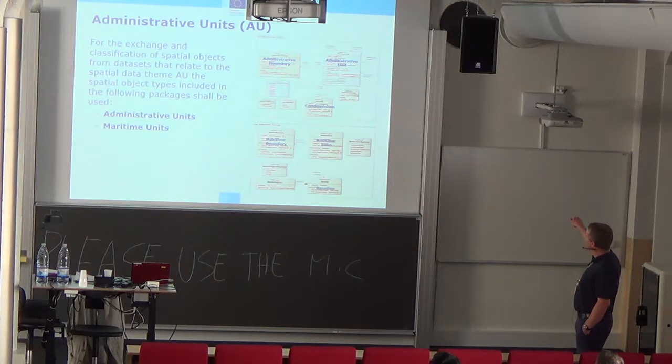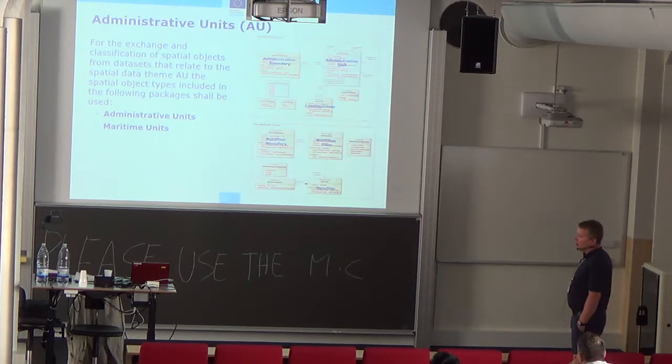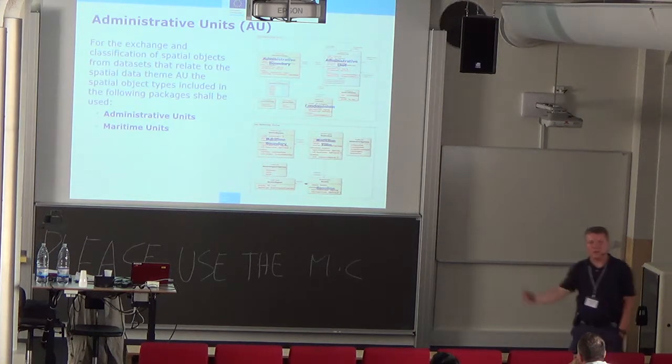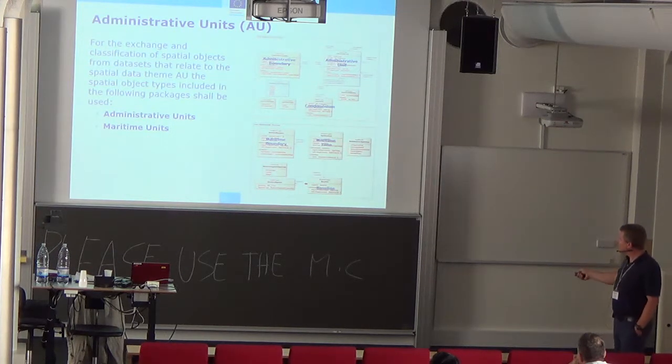Actually, we saw already this diagram. And this is something new for these maritime units because there are countries, for example Croatia, that also have some administrative units on the sea, and that's why the new model was added in the implementing rule.